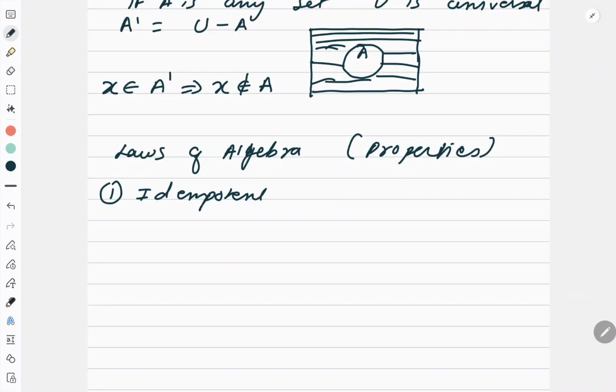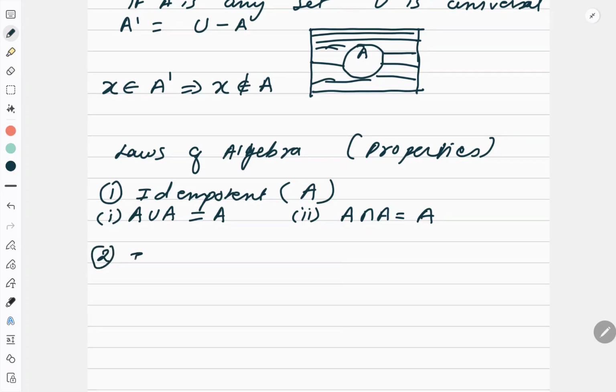It is defined on A. So A union A is equal to A, which is very obvious. You can draw the Venn diagram to understand this. Same way, A intersection A is equal to A. Means there is an operation between a set and itself. That time we call it idempotent law.